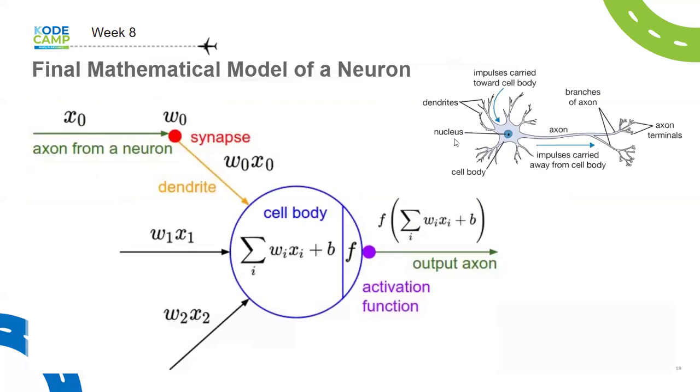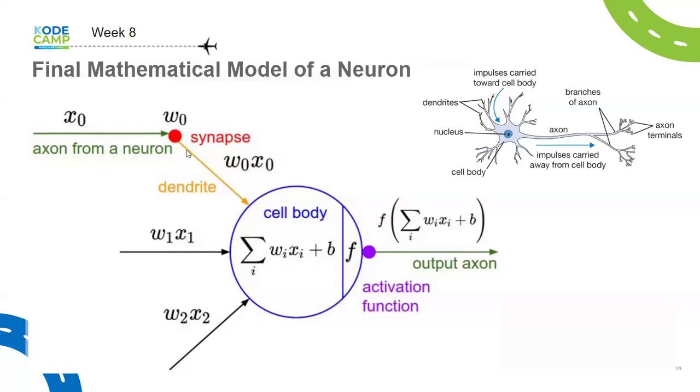So here's the final mathematical model of a neuron based on all we have discussed. You have the input x0 coming in for a particular data point, right? And then you have W0 rather, which is the weight that determines how much of this input goes in. And of course, that how much is determined by W0, X0. So you can think of the X0 as the axon from the preceding neuron.